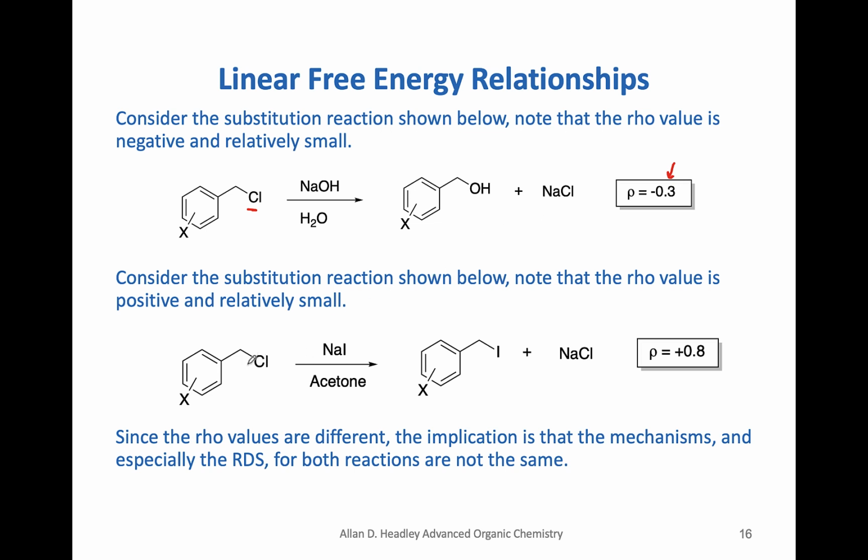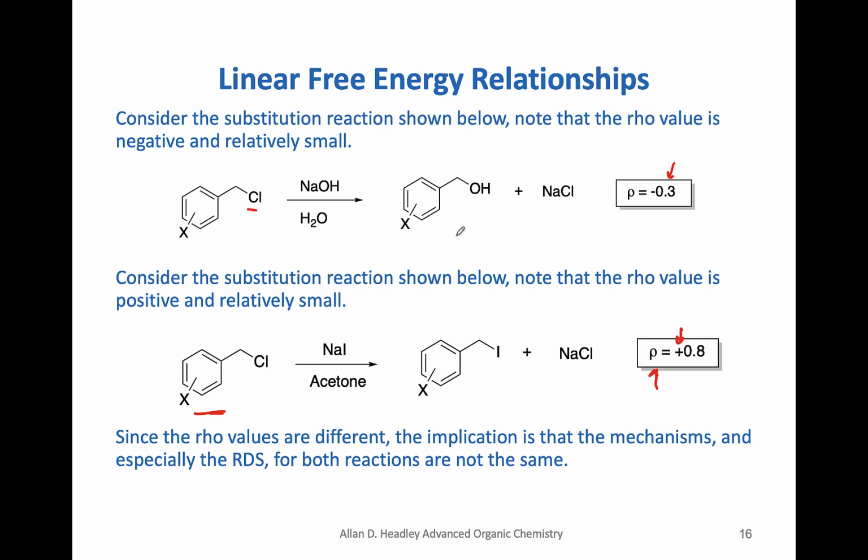Let's look at this one. Same benzyl chloride here, but now we have here sodium iodide. Different type of nucleophile here compared to the OH here. Better nucleophile here. And here, however, notice again, the rho value here, it is positive, which means that we cannot invoke here a carbocation. Because if a carbocation were formed in the rate determining step, that slope would be negative.